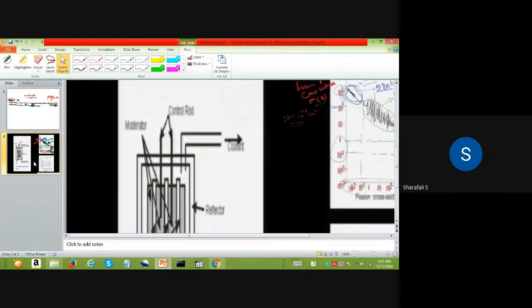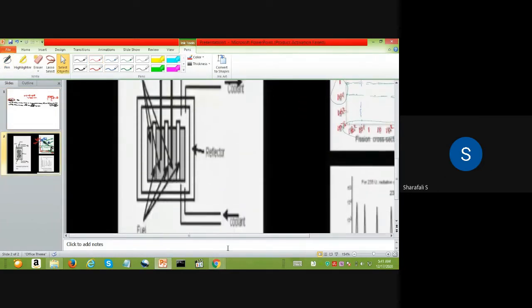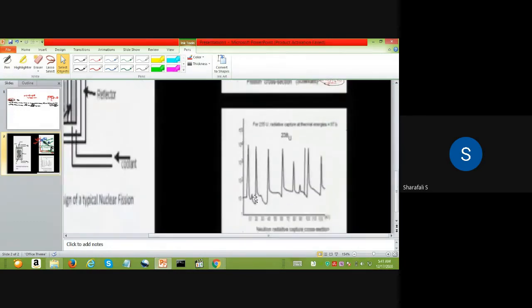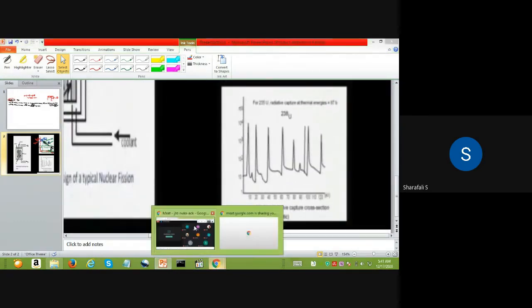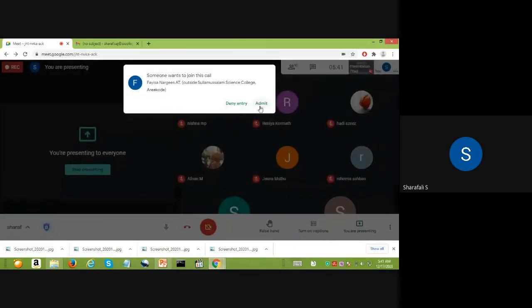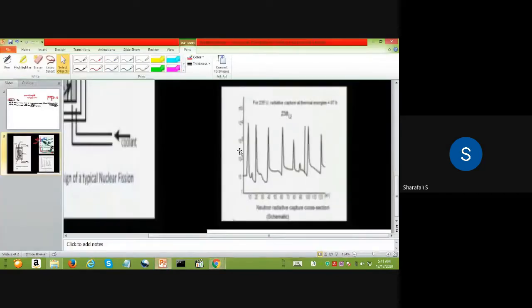I will just show it here. This is the diagram for that. So when you consider this particular diagram, I will make it clearer. So this is 10, 10 square, here it is 10 cube, 10 to the power 4, 10 to the power 5.